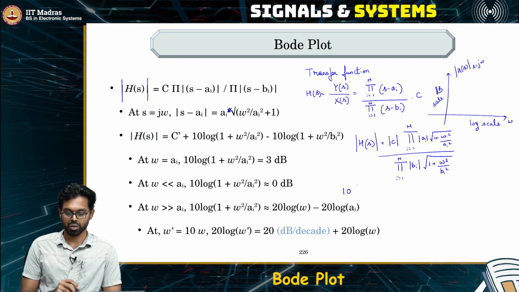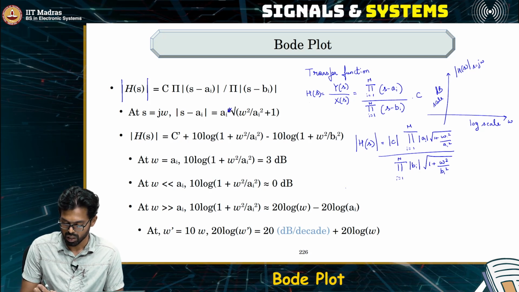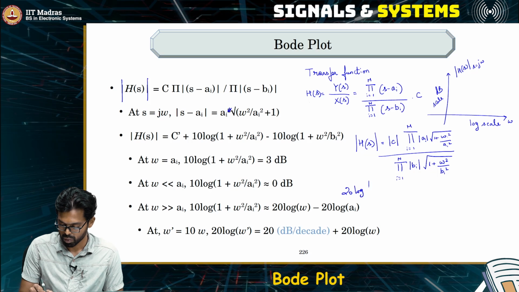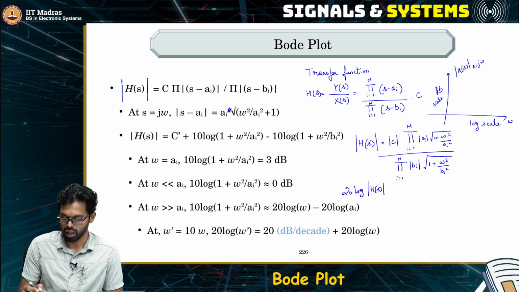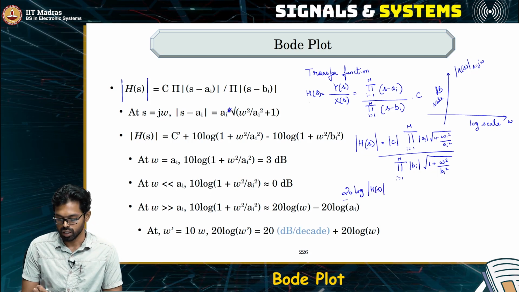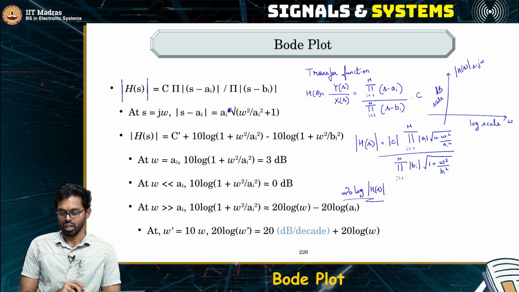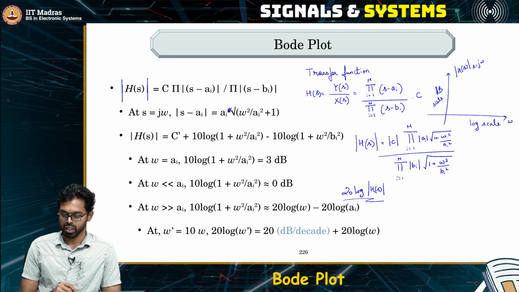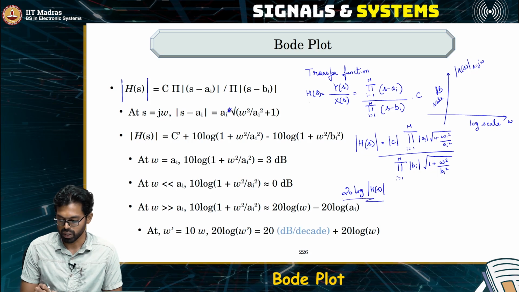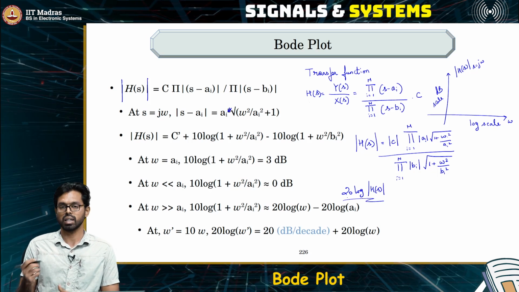How do you convert to the dB scale? Basically, you have to take 20 log mod of h of s. The dB scale conversion, if we are applying it on an amplitude or a magnitude, then you have to apply 20 log. If it is magnitude squared, then it is 10 log.